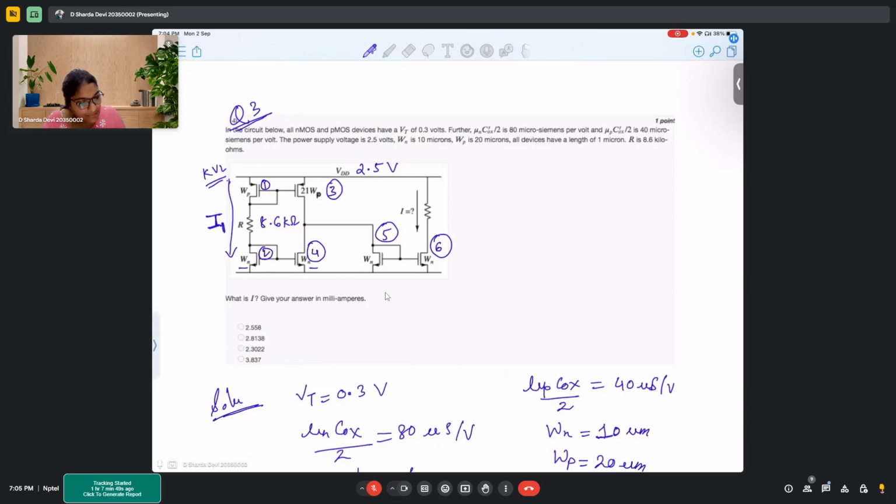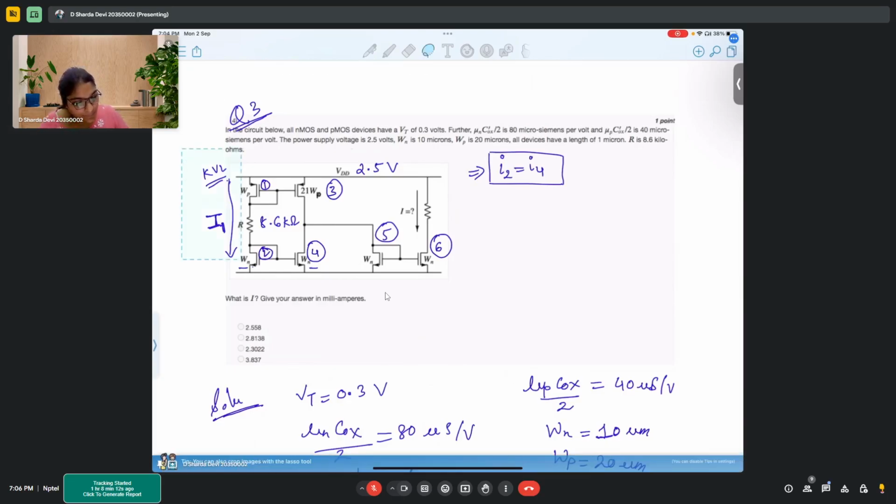Here it is Wn, so transistors 2 and 4 are matched transistors. So I2 will be equal to I4 since these two are matched.